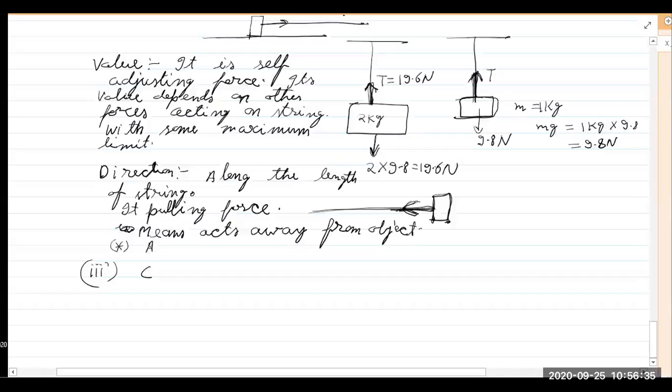Why does it arise from electromagnetic? Because tension occurs due to the forces between molecules inside the rope. Whatever rope or string we are considering, inside the rope we have different molecules and atoms connected to each other. They exert force on each other. So because of that we get a whole tension in the string.